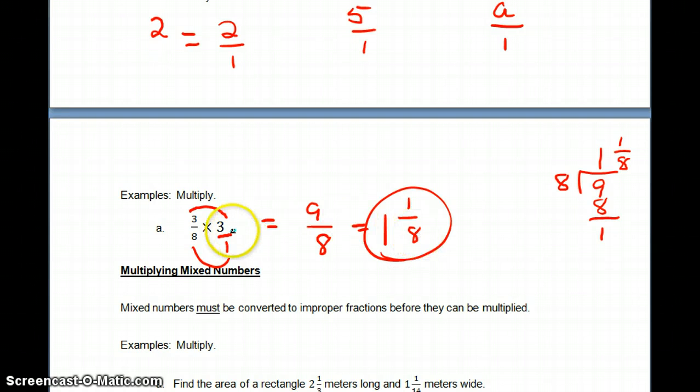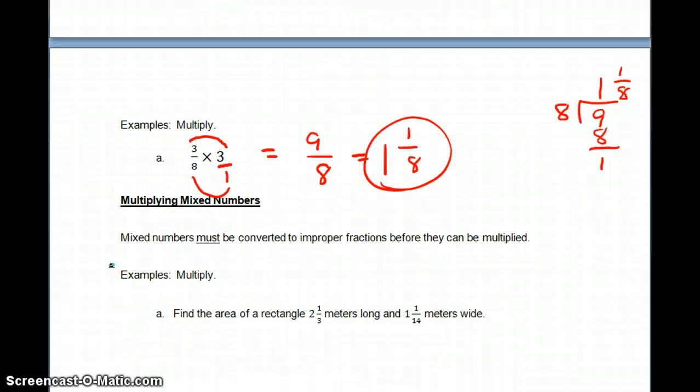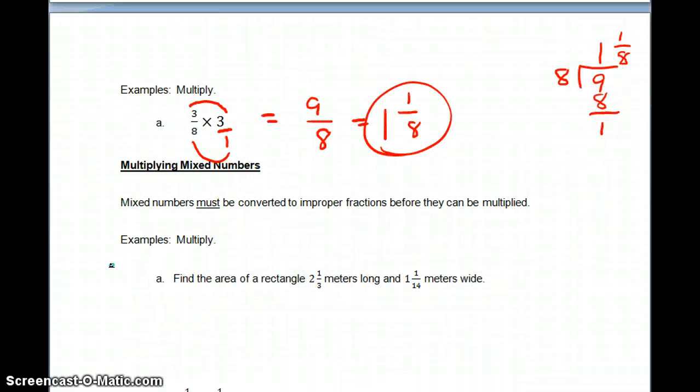And there we go. Okay, now the next step that we have here is the multiplication of mixed numbers. Now, if you remember back to chapter 0, lesson 1, when we started talking about the conversion of improper fractions and mixed numbers, I told you that you had to learn how to do this for multiplication and division of fractions, okay?